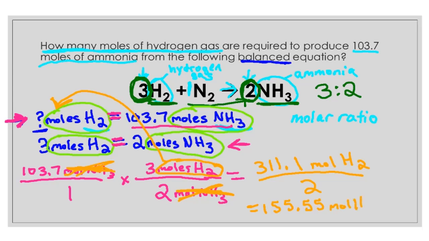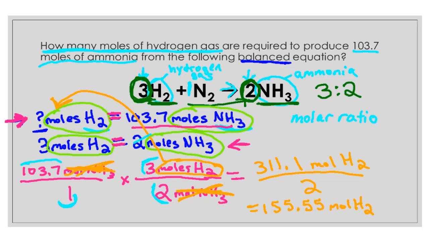moles of hydrogen gas. Now let's go back and check for sig figs to see if we need to round this down at all. First we have 103.7, that's 4 sig figs. And then everything else is just the number of moles. So 3 moles, 3 moles, 2 moles, 1. You don't count it when it's just one number with no decimal or anything after that, the number of the moles.